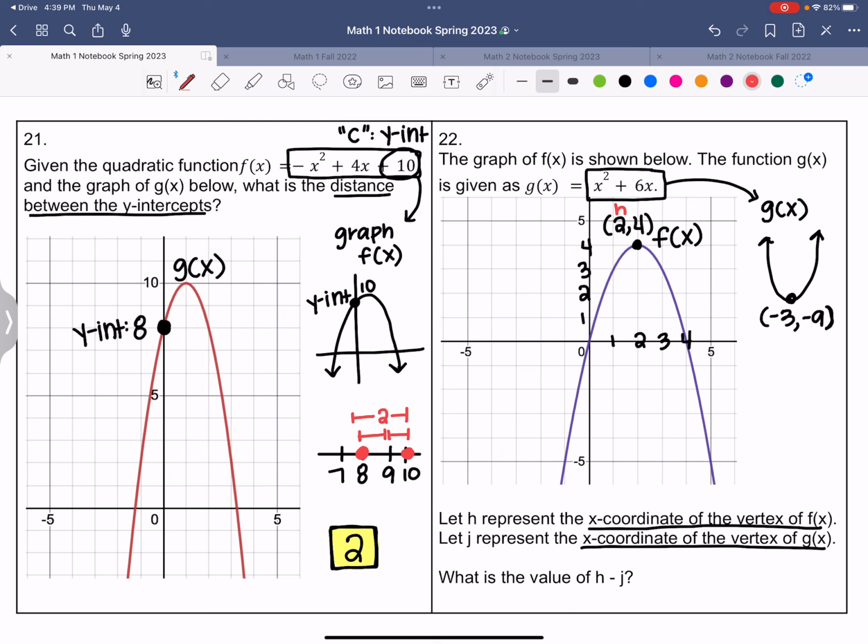So of this one, j is the x-coordinate. Then it says to find the value of h minus j. So that's 2 minus -3. That's technically 2 plus 3, and that is 5. You would type in 5 and nothing more or nothing less.